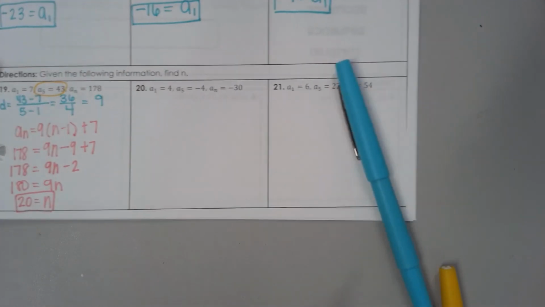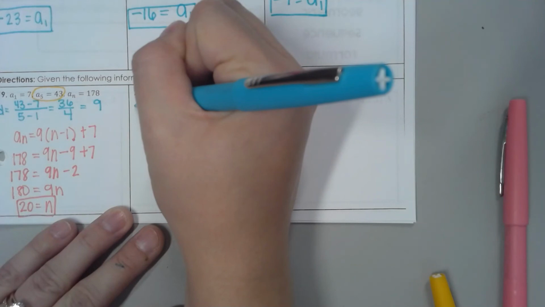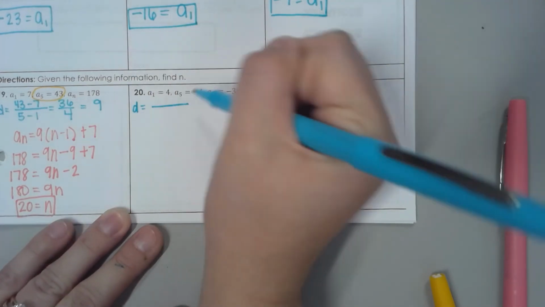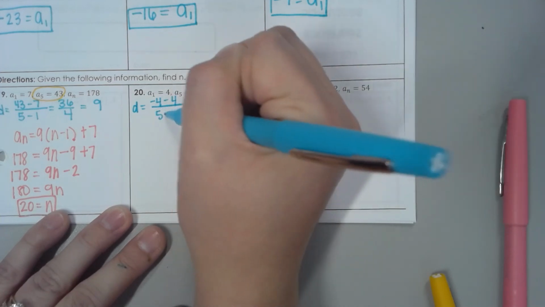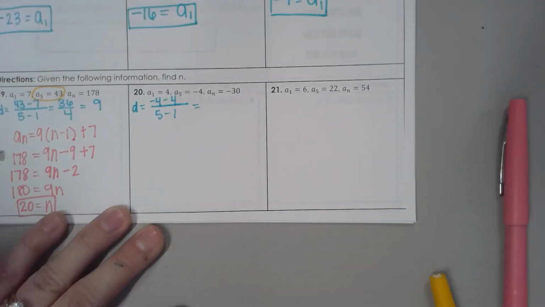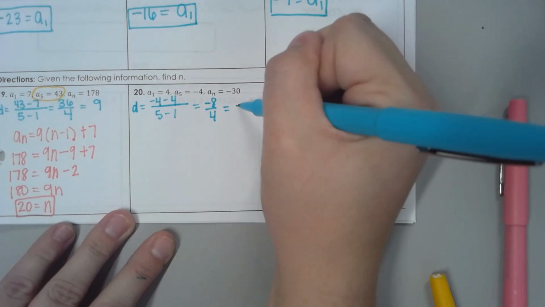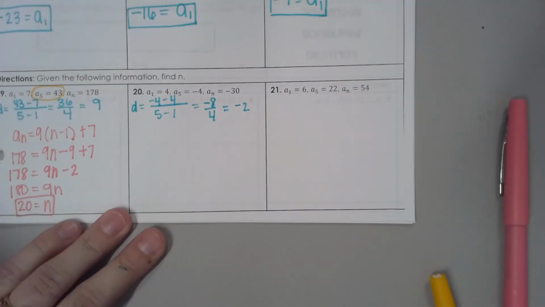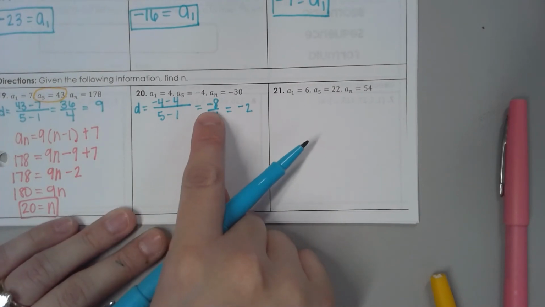Let's do number 20. So I have to start with my common difference. Negative 4 minus 4 is negative 8.